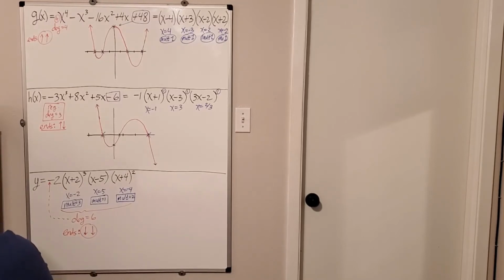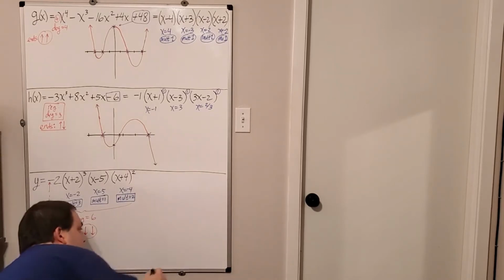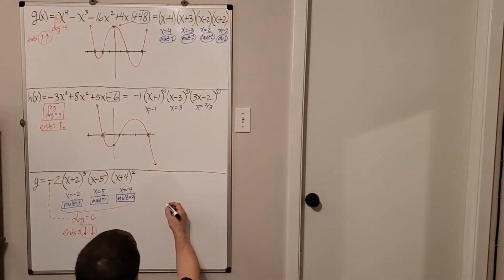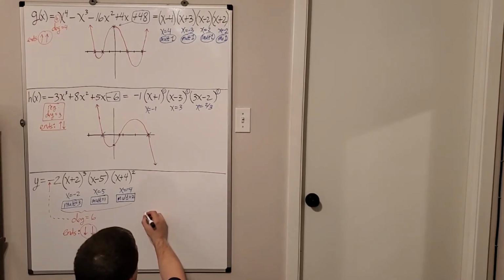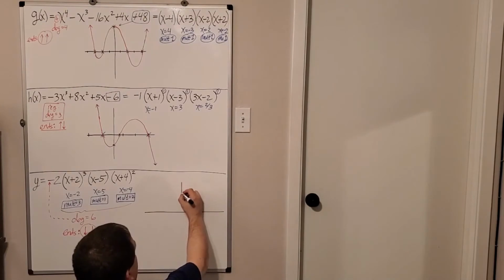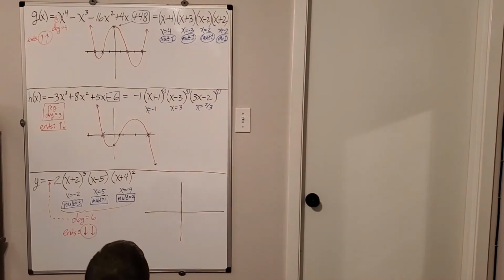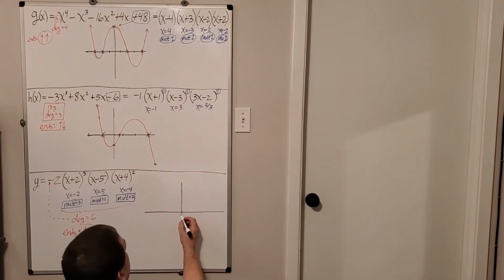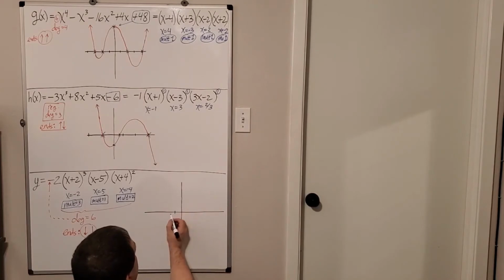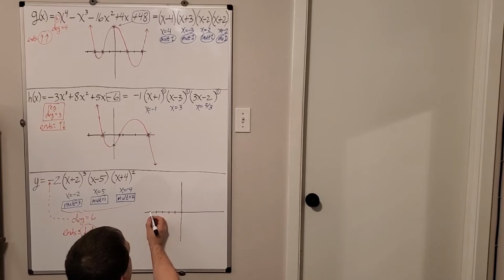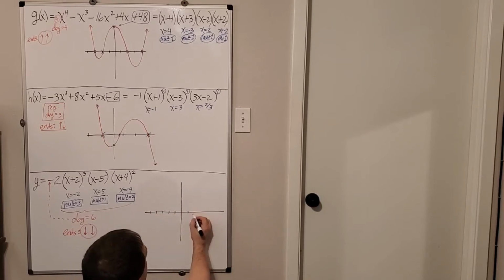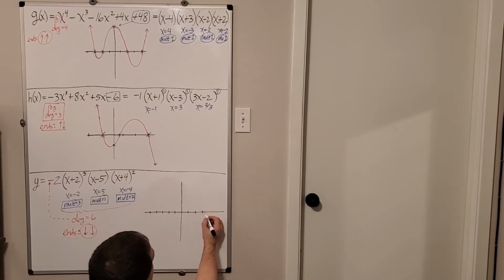All right. So let's draw this guy out. So right here, I'm going to put my grid. And let's see, I need to go, let's say 5 in each direction. 1, 2, 3, 4, 5.